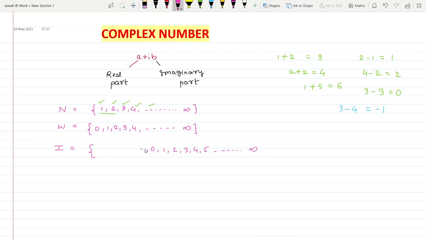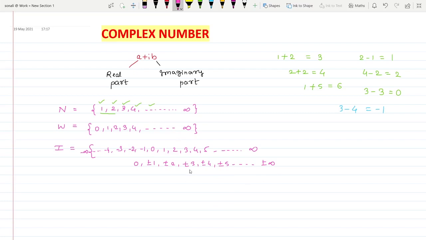Then on the left side, it is minus 1, minus 2, minus 3, minus 4, goes on to minus infinity, right? This is what the set of integers means. In a simple way, I can write it as 0, plus minus 1, plus minus 2, plus minus 3, negative numbers also there. I hope you all understood what I am trying to tell you. So this is how your sets go on developing.